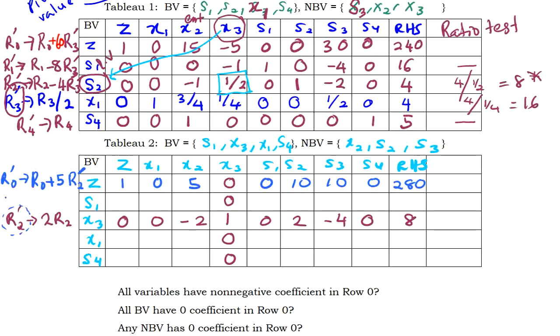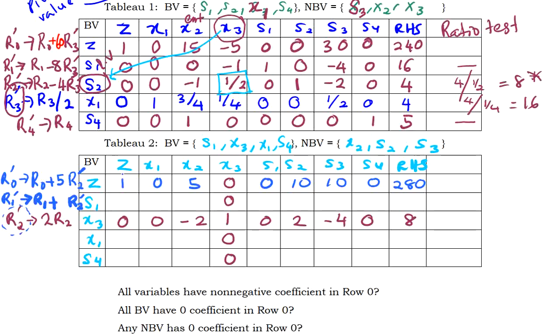For row 1, refer to row 1 and also refer to row 2 new, because in here it's negative 1, therefore here the coefficient positive 1. So row 1 new equals to row 1 plus row 2 new.